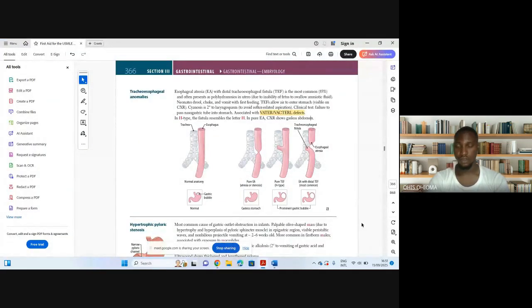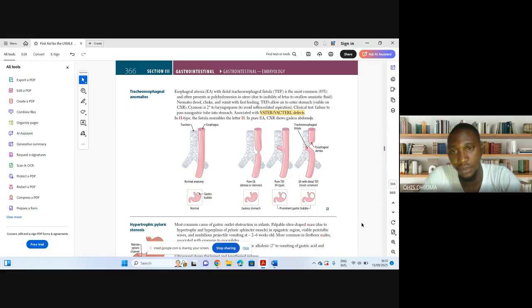Okay, so the next thing we're going to talk about is one common complication of tracheoesophageal fistula. It's not commonly tested in the exam, but it can be a presentation of a patient with tracheoesophageal fistula, and that's cyanosis. This patient has cyanosis, and the reason is laryngospasm.